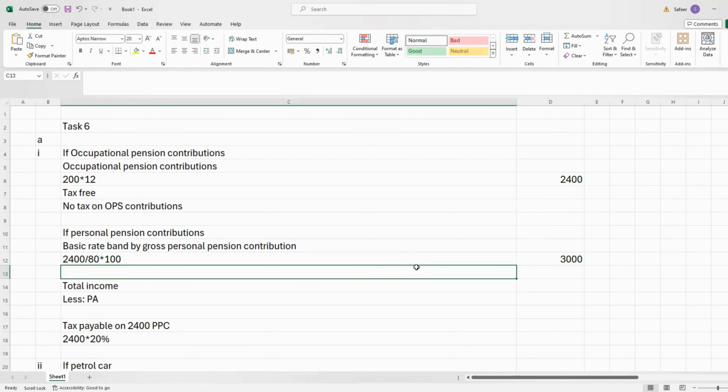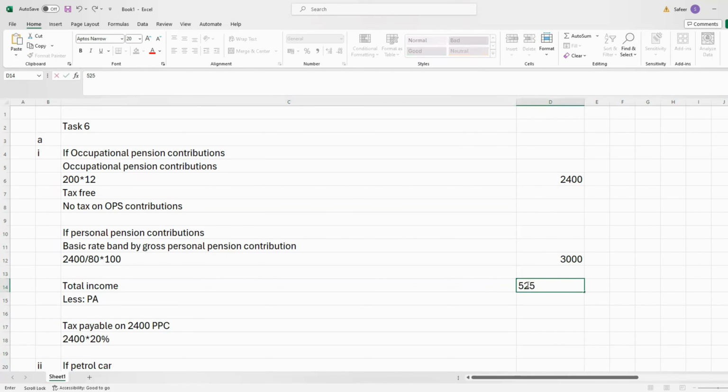However, this person will not be saving tax on the amount of 3,000 due to their total income. If you think about it, their total income is 52,500 less personal allowance of 12,570, which gives you the taxable income, which is 39,930.